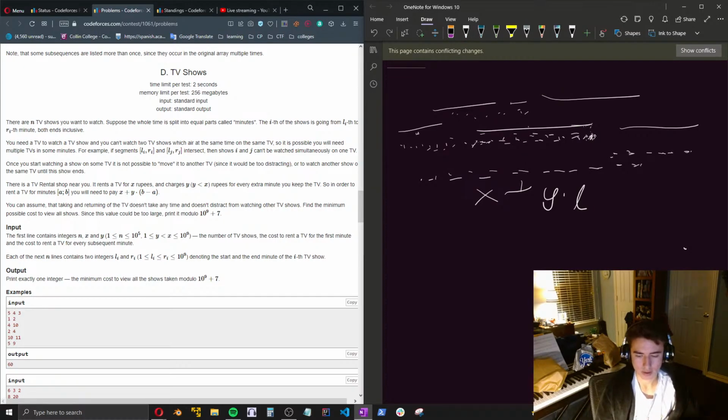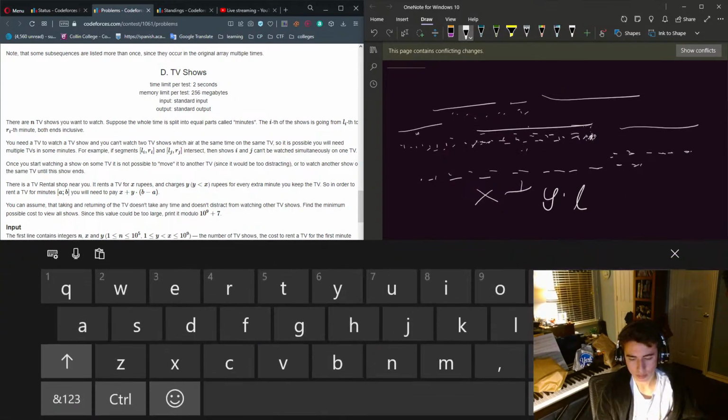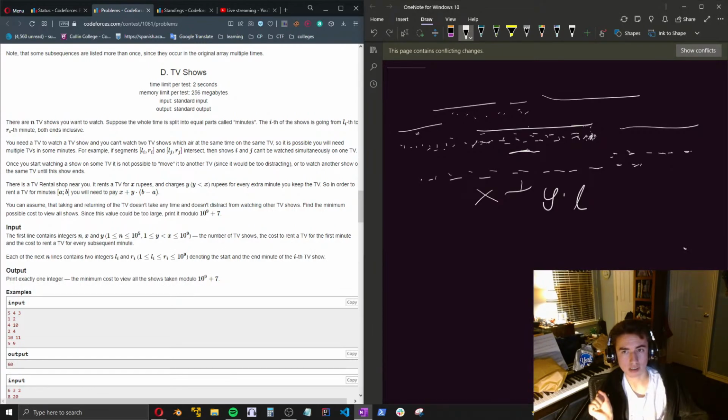But of course, if we have an open interval that's open inside of it, then we'll be having overlapping intervals in the same TV. We don't want that. So can we somehow have a segment tree correspond to all the intervals that have an open interval? Well, you can have multiple open intervals too.